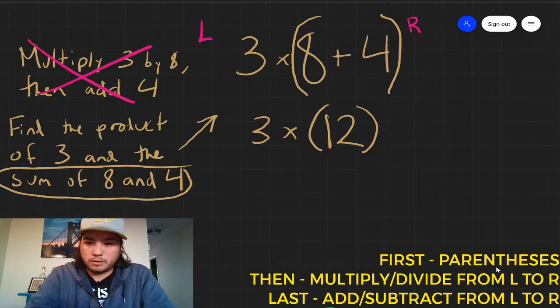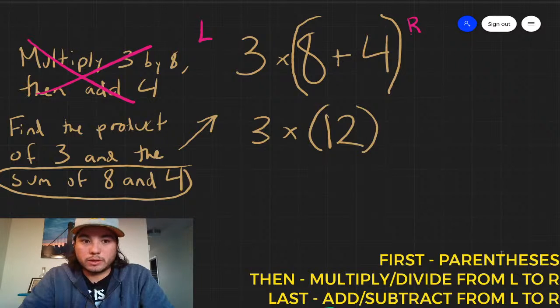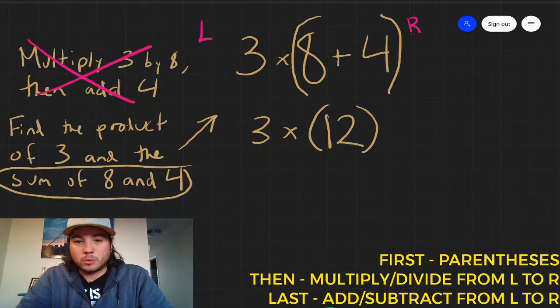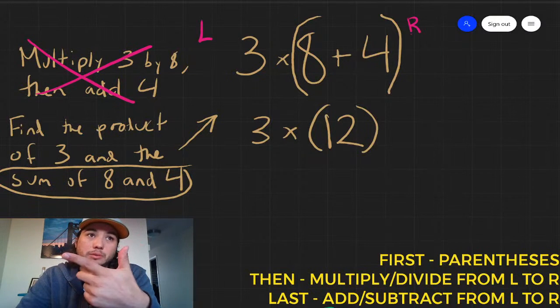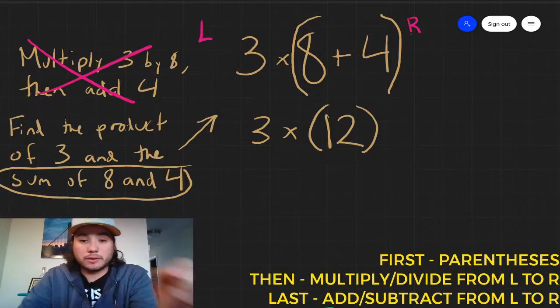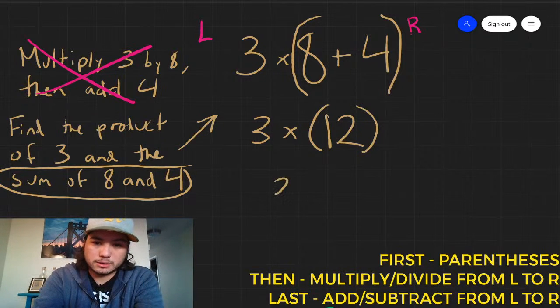And what is 3 times 12? Or 12 plus 12 plus 12, right? 12 times 1 is 12, 12 times 2 is 24, 12 times 3 is 36.